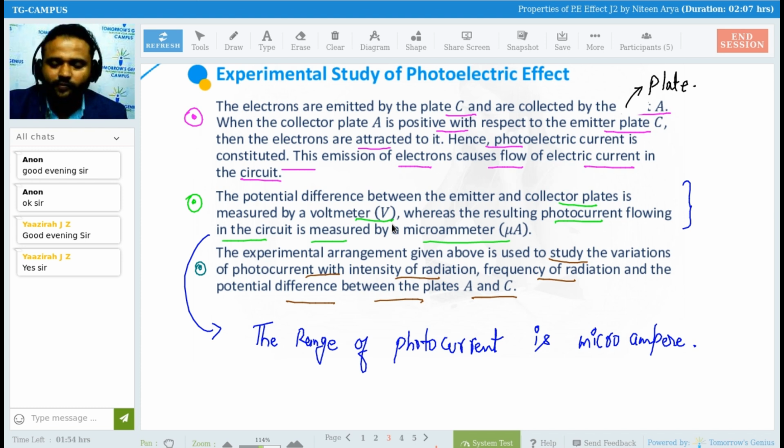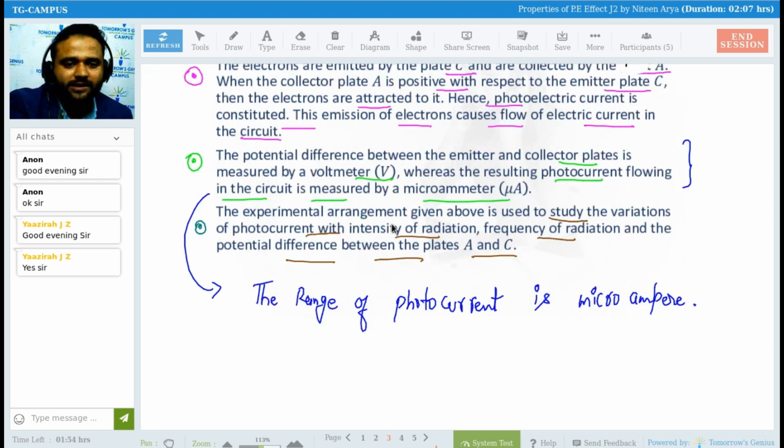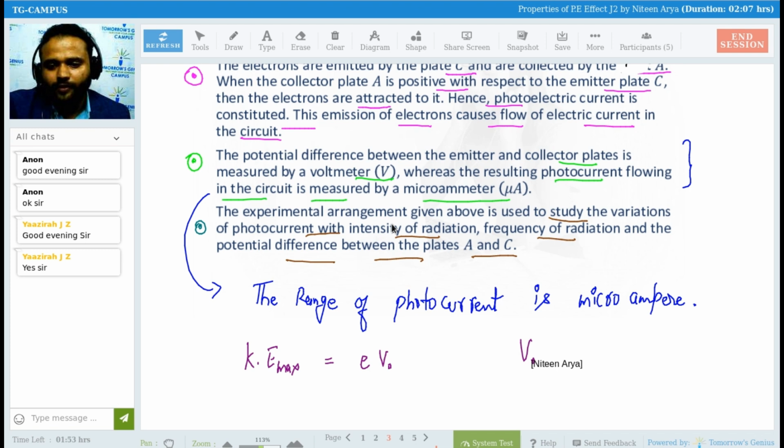Clear? Why so? Because in the previous class, and even in this class, we are going to discuss KE max. KE max is nothing but e, the charge on an electron, times V naught, eV naught. So obviously, if V naught, the stopping potential, the potential difference between the plates, is going to be high, then it is quite obvious that the kinetic energy, meaning the flow of electrons, is going to be high.